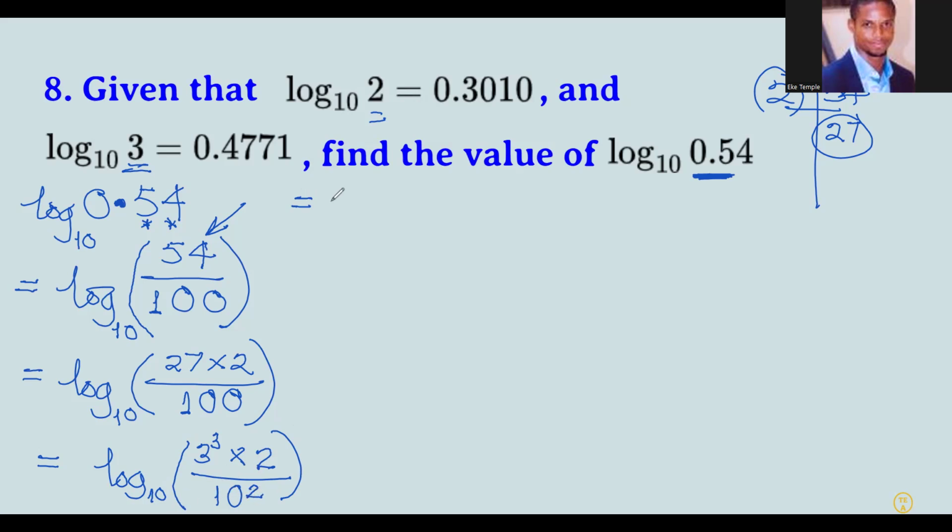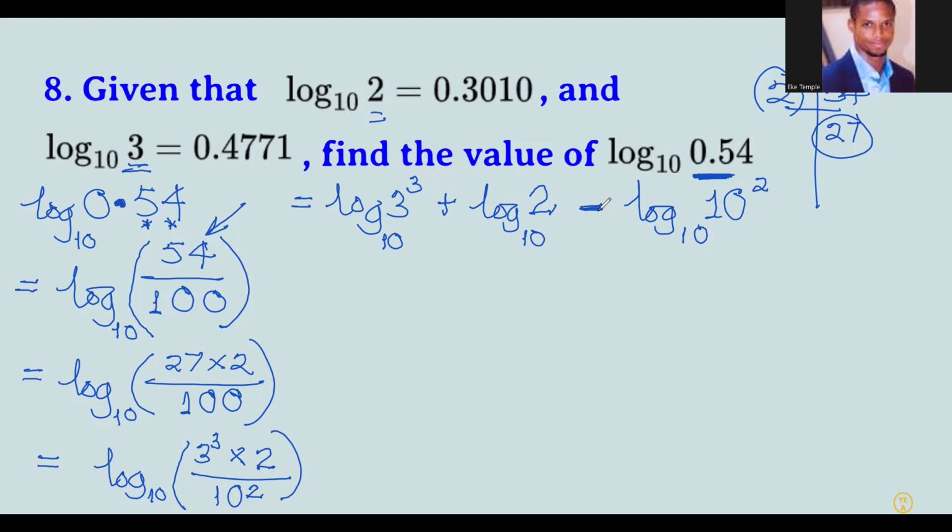So this is going to be logarithm to base 10 of 3 to the power 3, positive in the numerator, plus the same logarithm to base 10 of 2, positive also because it is in the numerator. But now, minus logarithm, same base 10, of 10 squared, the one in the denominator. Notice how the expression in the denominator acquired the negative sign.